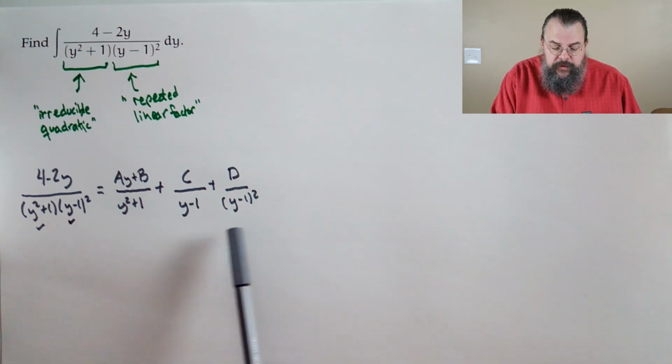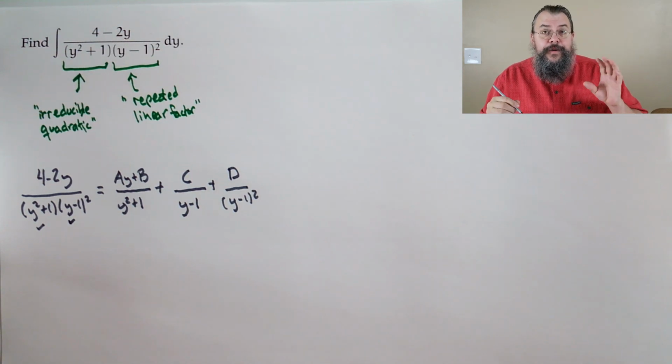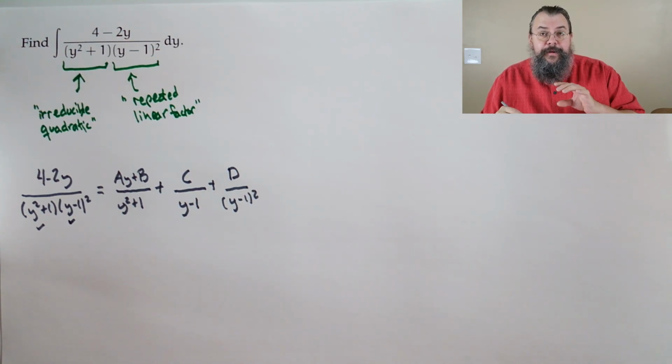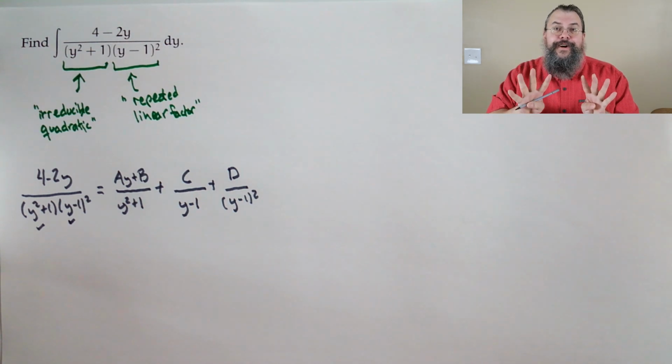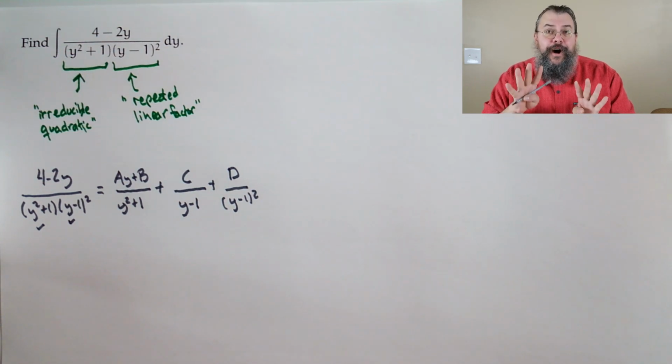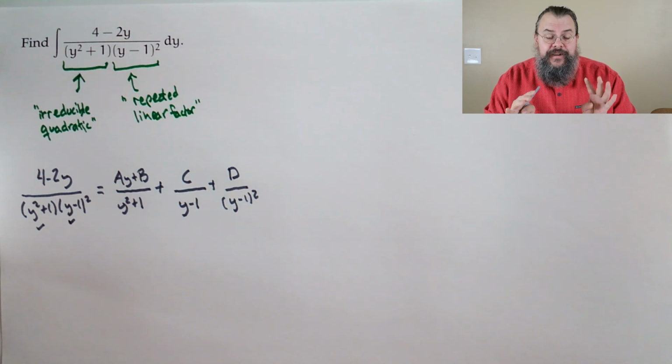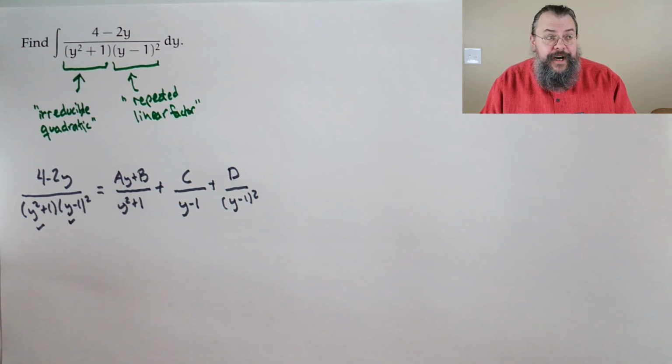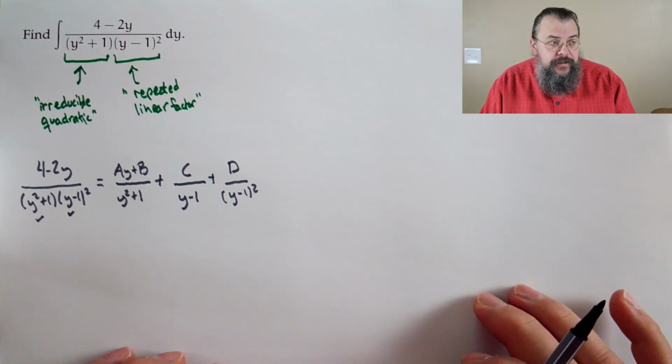So y minus 1 squared comes from those two. Well, if you look, it's a y squared times another y squared, which is y to the 4th. So there's a 4th degree polynomial. There's 4 unknowns. That's not a coincidence. So the number of unknowns will always match the degree downstairs. So when in doubt, just check to see, hey, do these things line up or not? All right, so in our case, they do.